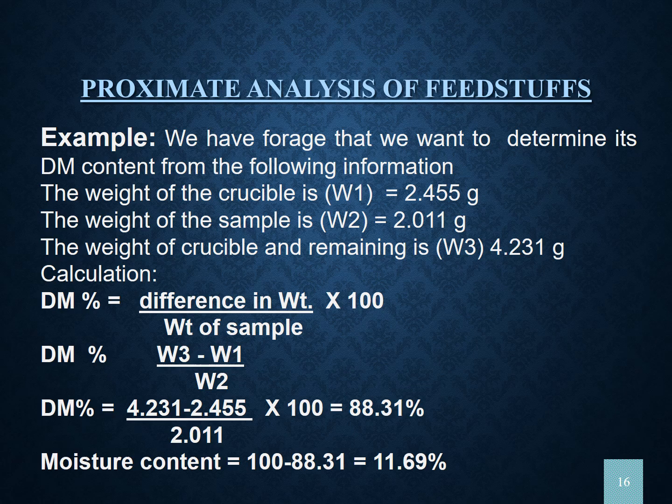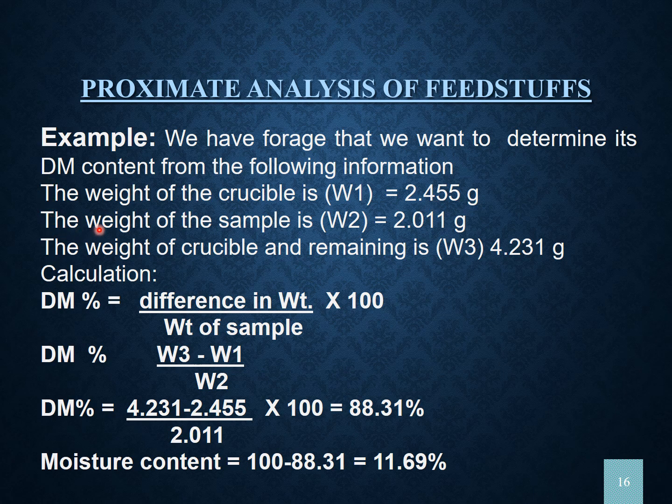Example: we have a forage that we want to determine its dry matter content from the following information. Here is the given information about this forage. The weight of the crucible used is marked by W1, equal to 2.455 grams.